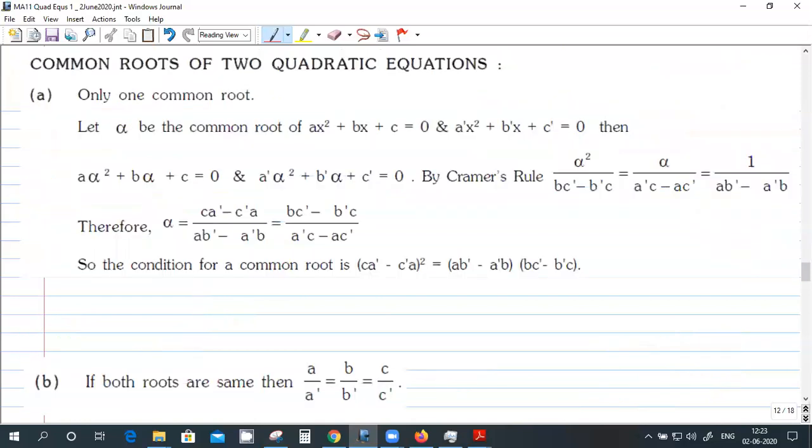Okay. Common roots of two quadratic equations. So if you have two roots, alpha and beta, so one parabola will be like this, right? Yeah. There is another parabola which has got a common root with this parabola. So how can you draw that parabola?